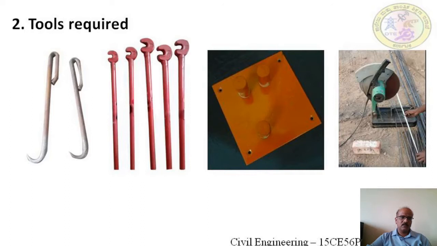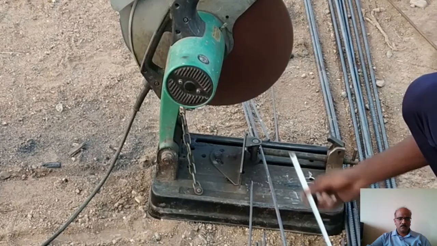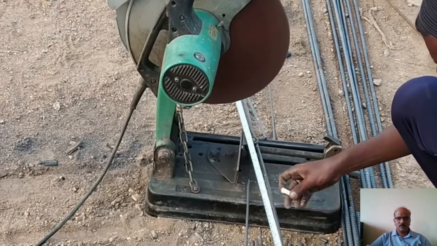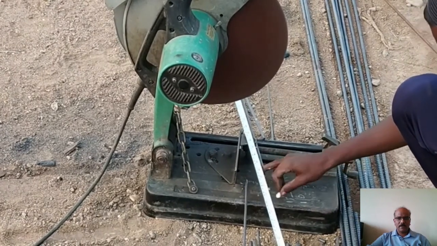These are the general tools required for fabrication: bar bending hooks, lever or bar bending keys. This is a 3-pin plate which can be fixed on the bar bending table, and power cutting machines, tape, etc. The bar bending involves cutting the steel bars to the required length.